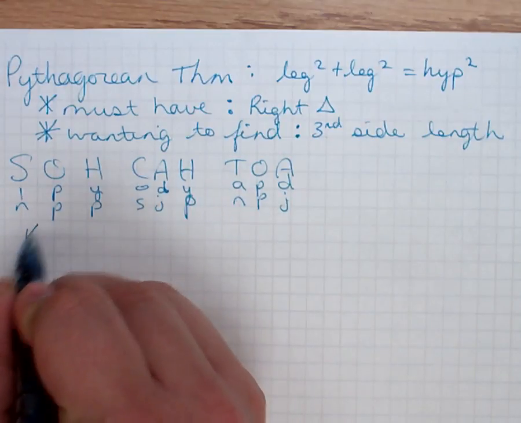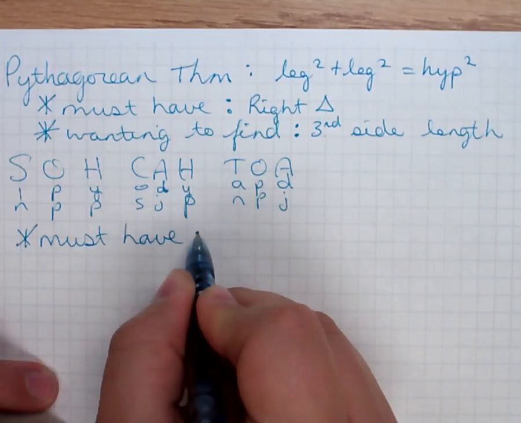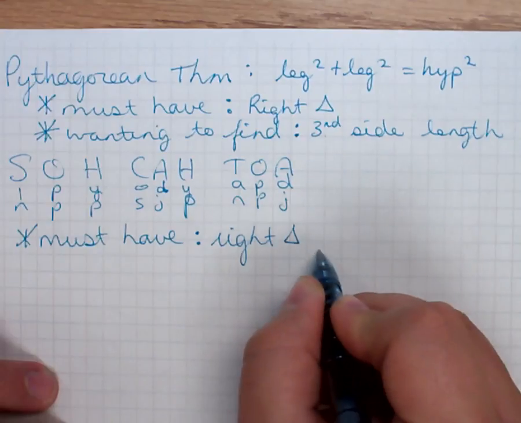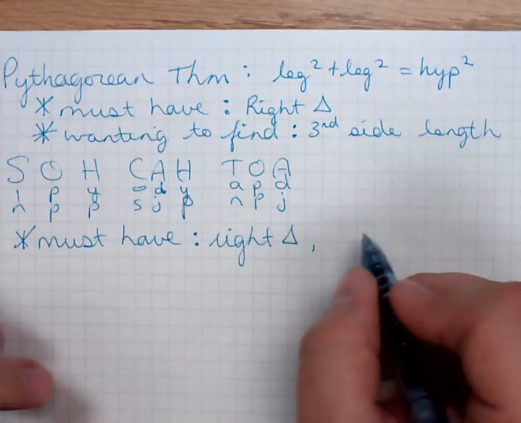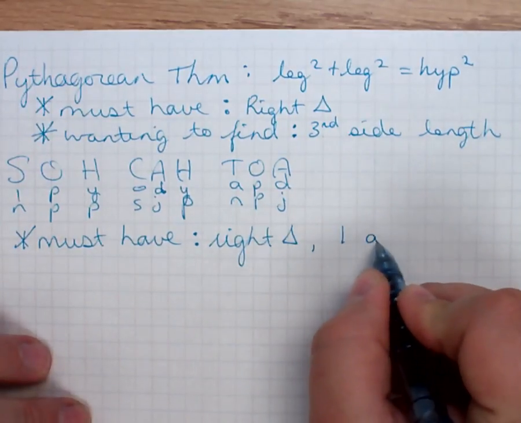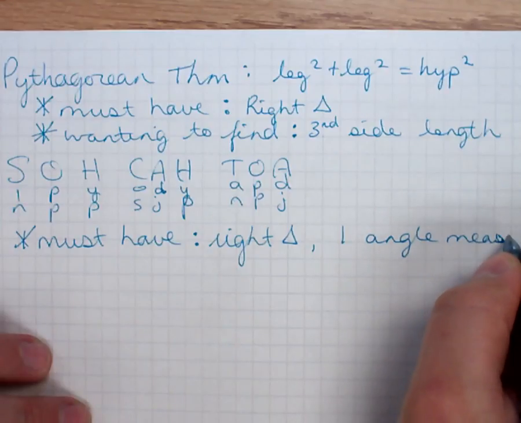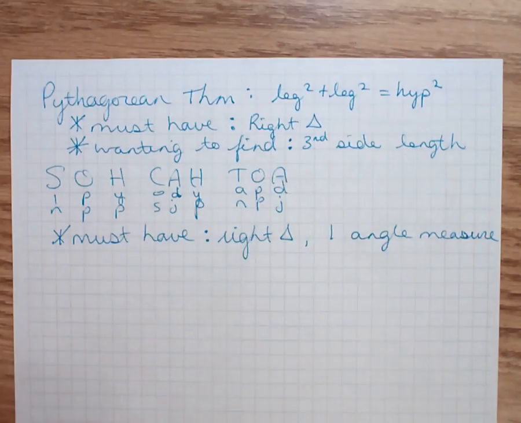So we must have a right triangle, one angle measure, and in addition to that angle measure, what else do you have to have?